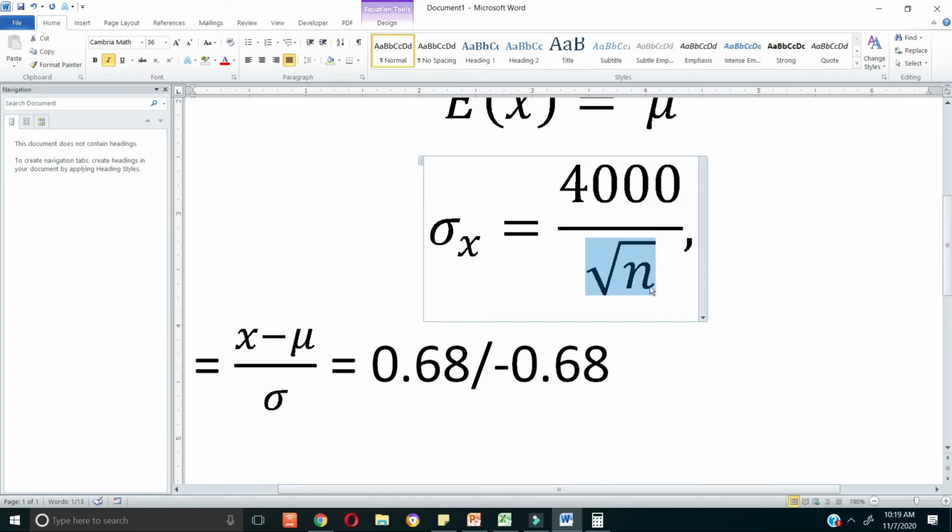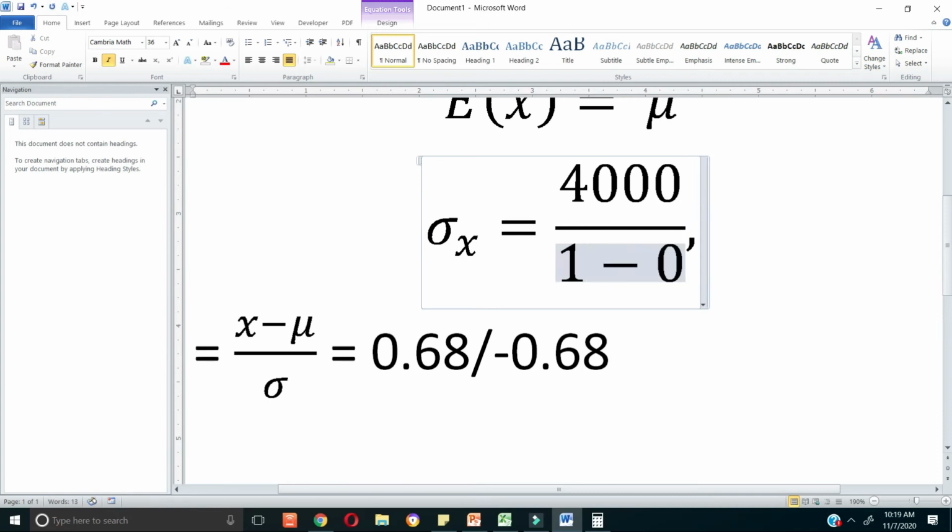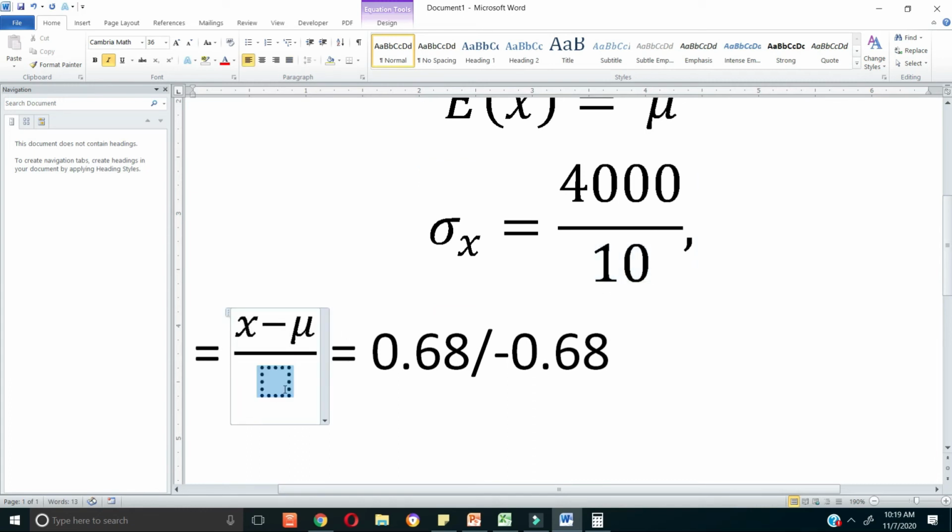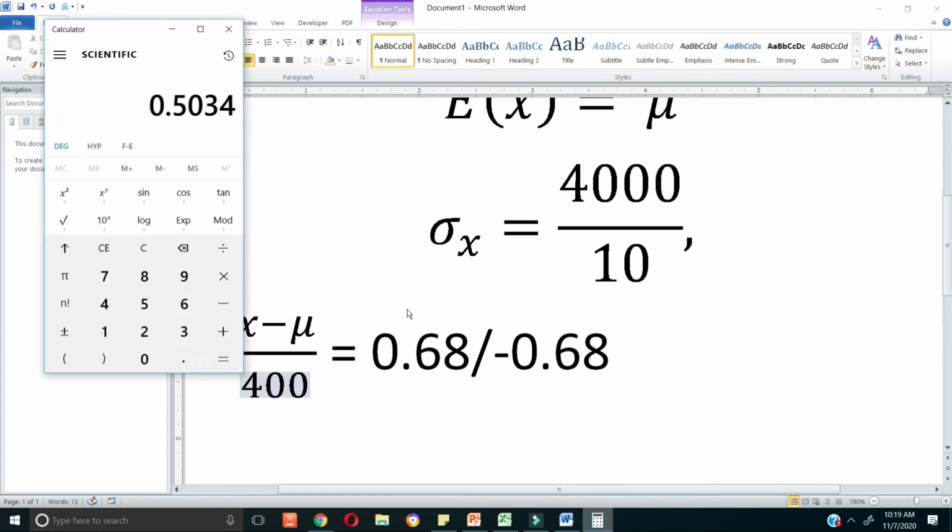N is 100, so root n is 10. This would give us a sigma of 400, because you have 4,000 over root of 100. If that is the case, then you have x minus mu again.